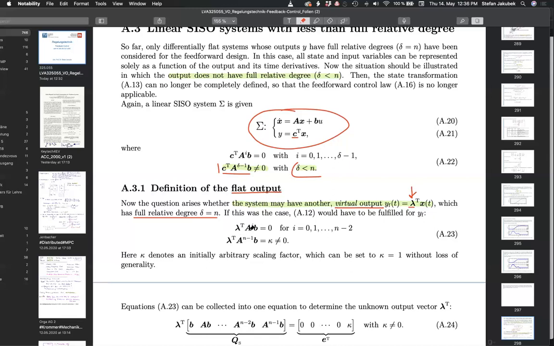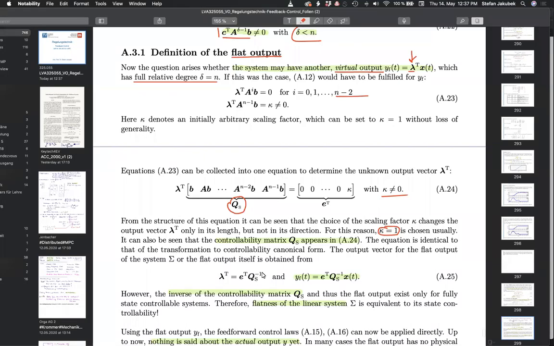So lambda transpose times A to the ith power times B should be 0, all the way to n-2 here, and only for this last one it is nonzero. That is equal to e transpose times Q_S to the -1.